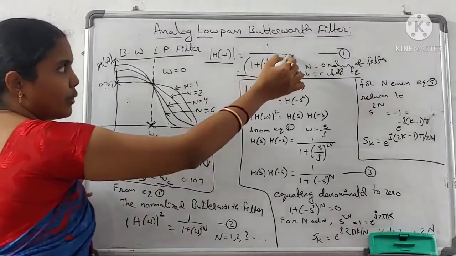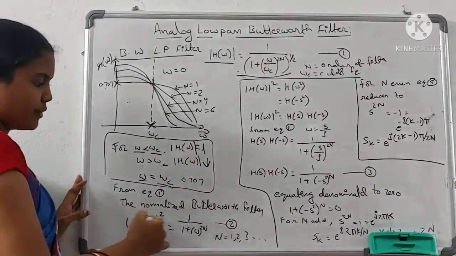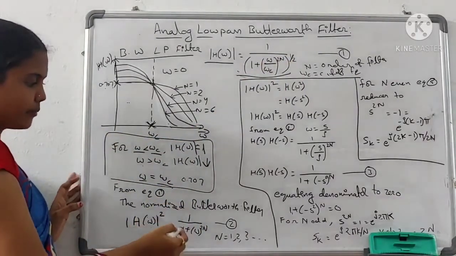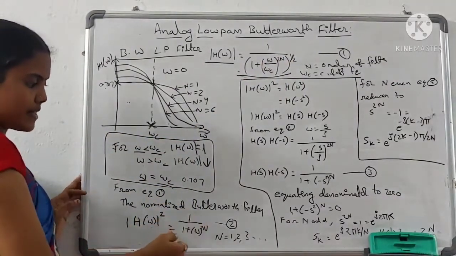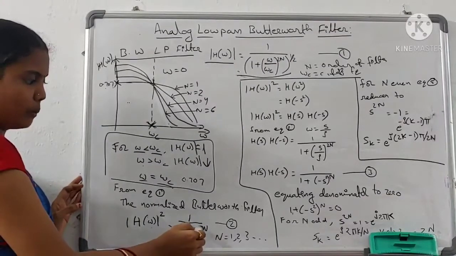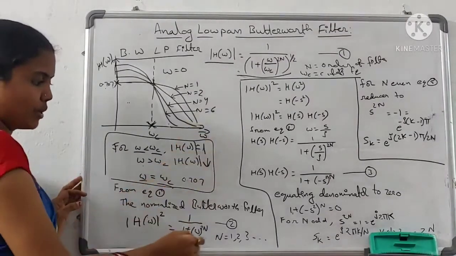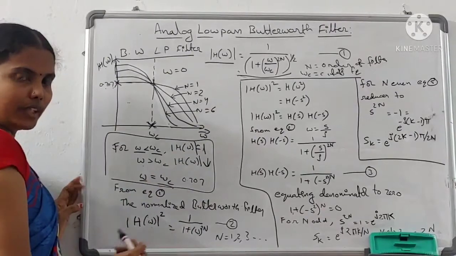There is a root here; if you square it on both sides, the root gets cancelled. Here omega c is equal to 1.